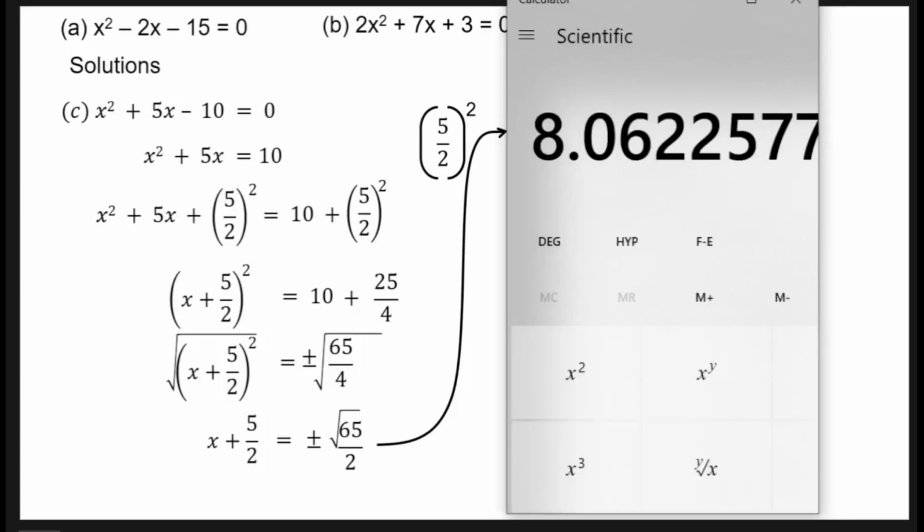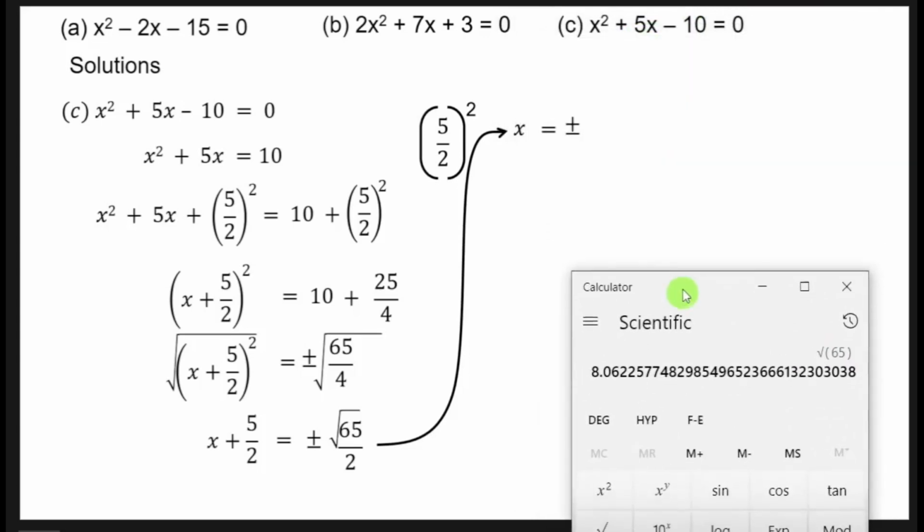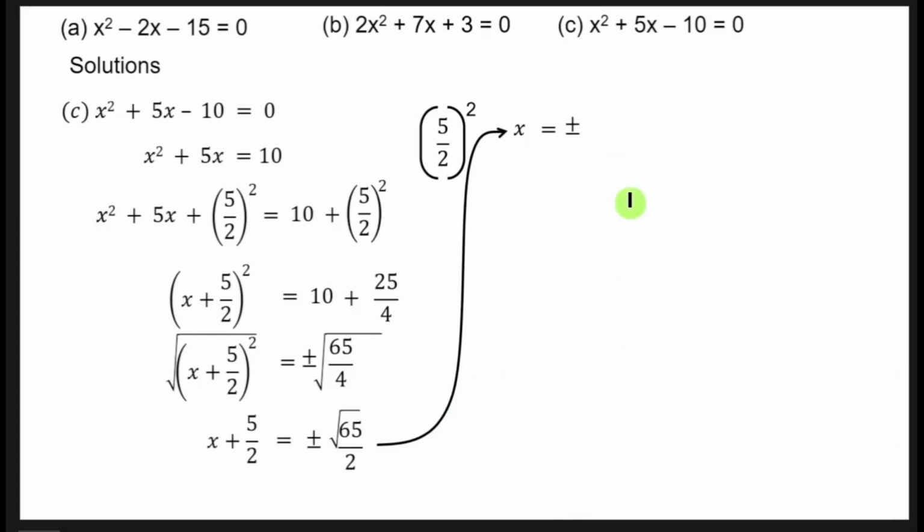So meaning here now, this one will have x, then square rooting this one, I've told you that it will be 8.062 over 2.